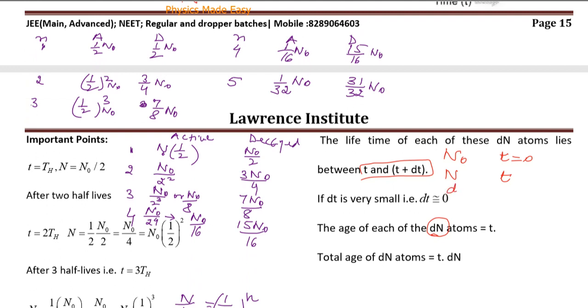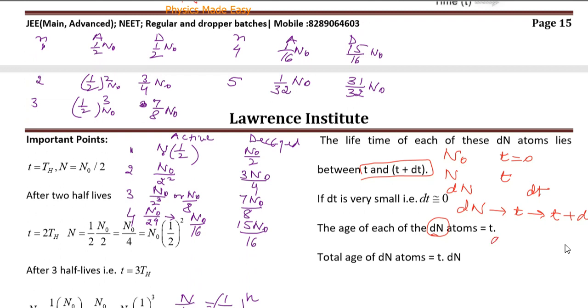And now dN atoms decayed in time t plus dt. In the next time dt, after this t, dN atoms decayed, or dN atoms decayed between t and t plus dt.